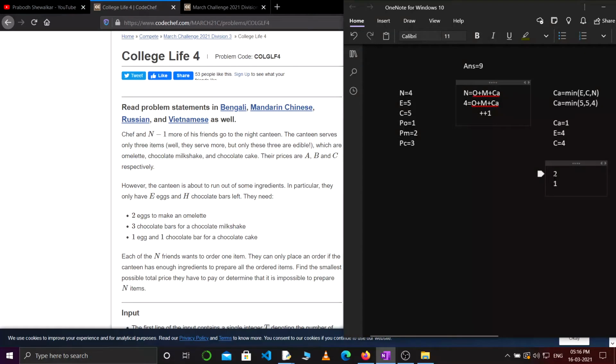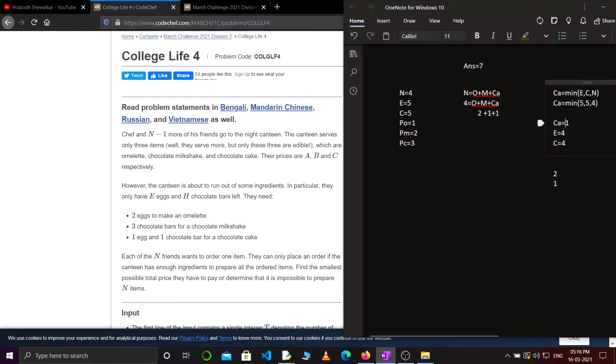So again in this condition I have to consider both these things. So 2 plus 1. So now my price will be 2 times 1 plus 1 times 2 plus 1 times 3. So it's 3 plus 2, 5, plus 2, 7. So which is smaller, 9 or 7? So 7.